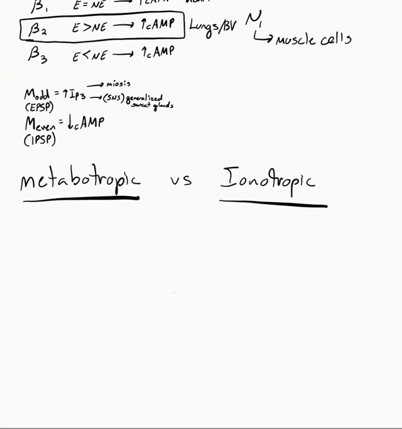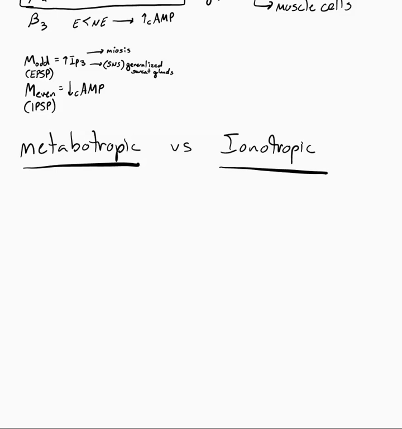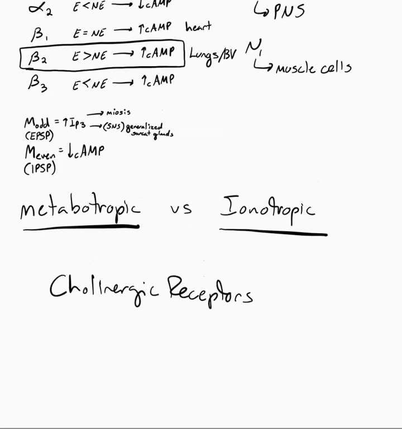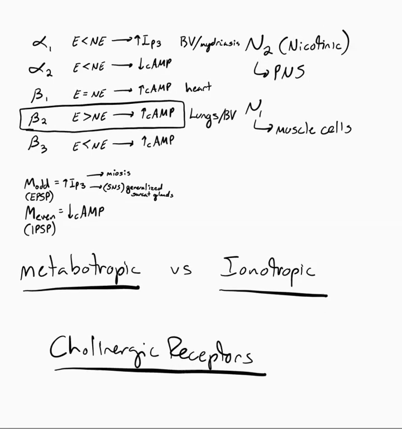One final specification I'd like to make is the overarching term for both nicotinic and muscarinic receptors is cholinergic receptors. And this just means that they bind specifically to acetylcholine. So choline, cholinergic receptors. And so that's an overarching term for them, but they are also divided into further categories, as I said.